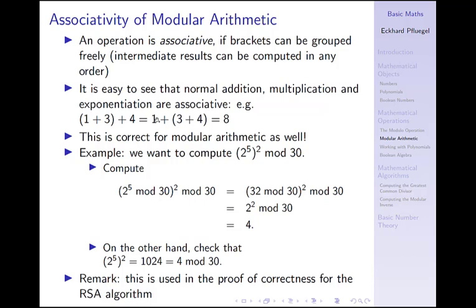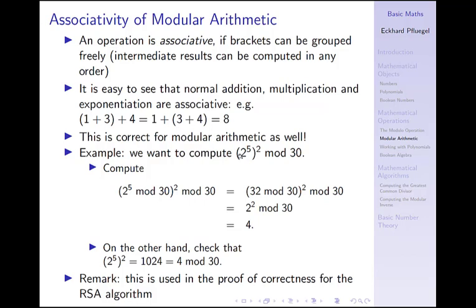And that's sometimes very useful because you can save a lot of work when you want to compute, let's say, a complicated modular exponentiation task such as 2 to the power 5 and the whole thing squared mod 30. The frustrating thing is this number itself is quite big, but if you reduce it mod 30, it will definitely be quite small.